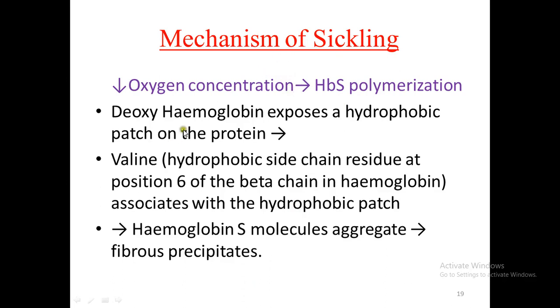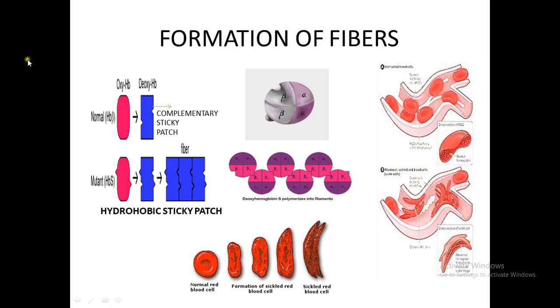What is the mechanism of sickling again? Whenever oxygen concentration becomes low, as you can see out here, in deoxyhemoglobin, complementary sticky patches form. In oxygenated hemoglobin, when the hemoglobin is well oxygenated, you can't see any sticky patches. But when the oxygen level becomes low, you can see these sticky patches forming even in normal hemoglobin.